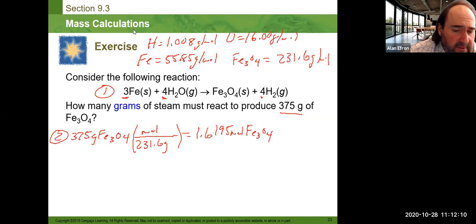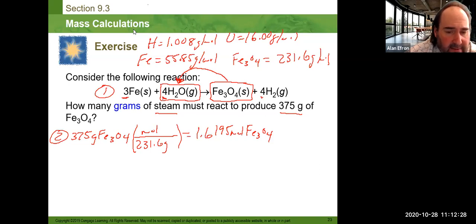We then come to our stoichiometry part. Because we're interested in steam, which is water, we are interested in this one, which is what they gave us. And again, in this case, we're actually going the opposite way, which is perfectly fine, as we talked about last time. And we want the relationship between this one here. And that is still the same sort of relationship, 4 moles of water going to give us 1 mole of Fe3O4.